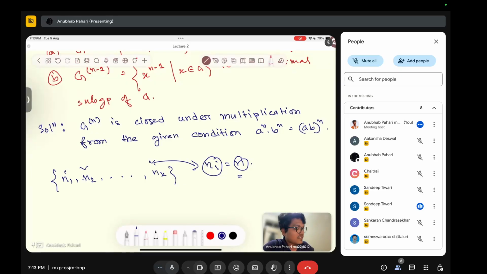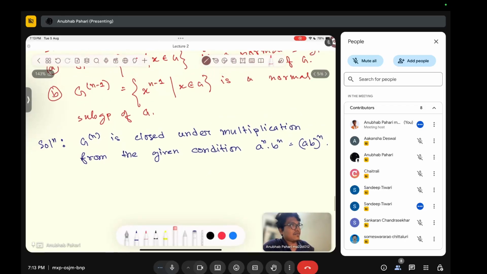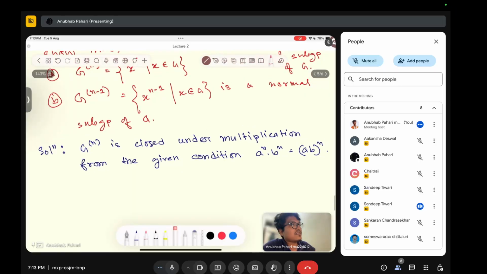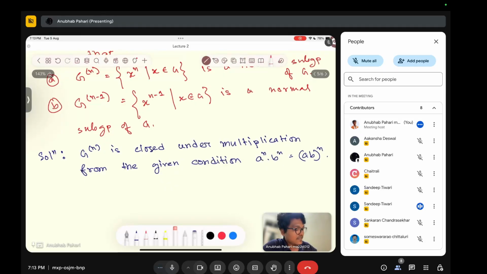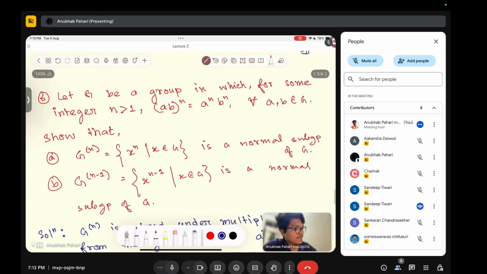But here, sir, G to the power n is fixed. How can you claim that for these a, b, this is that n for which (ab) to the power n is equal to a to the power n into b to the power n?